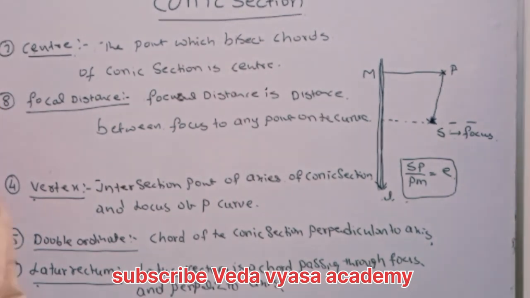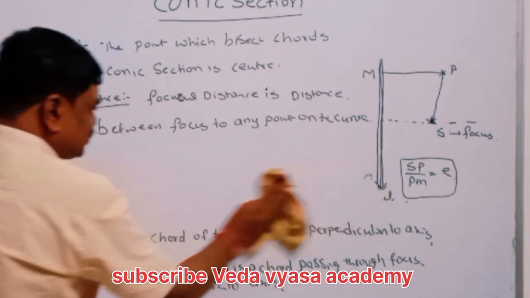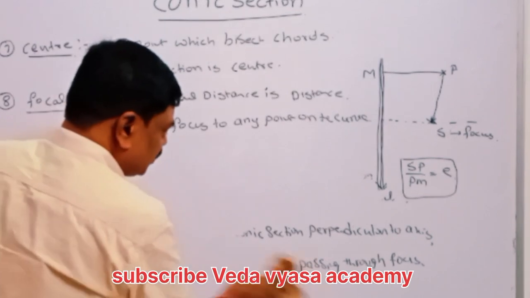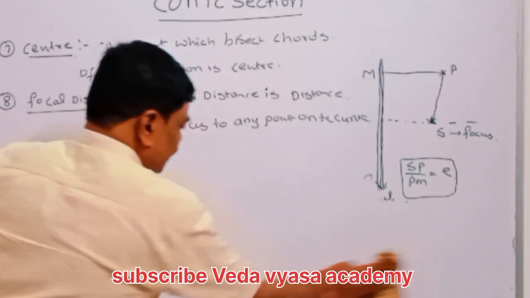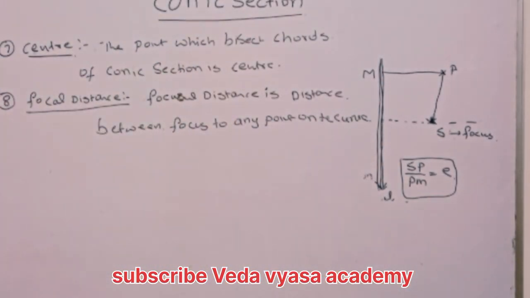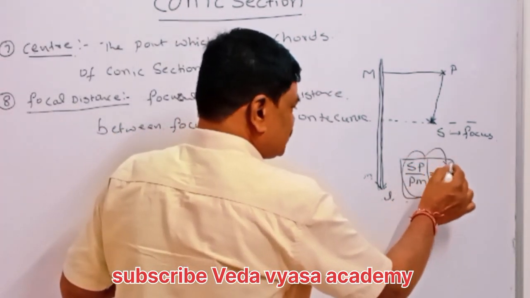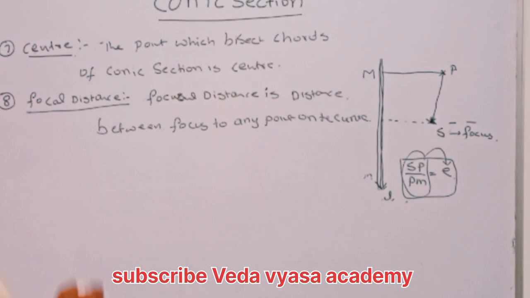Then, a very important point, eccentricity. We already know the eccentricity. SP by PM is the eccentricity of the conic section.